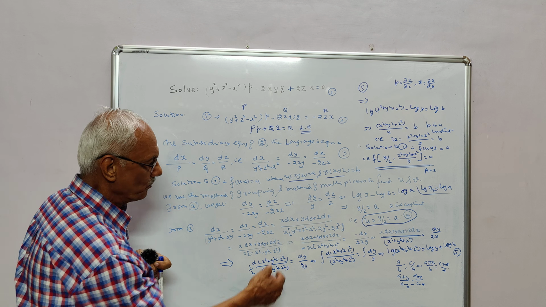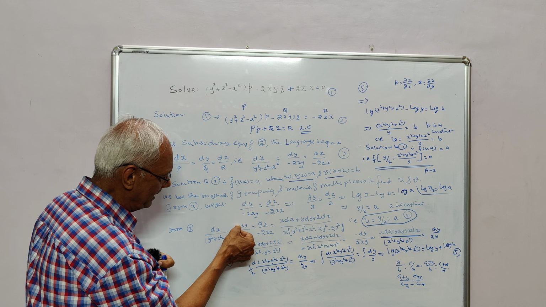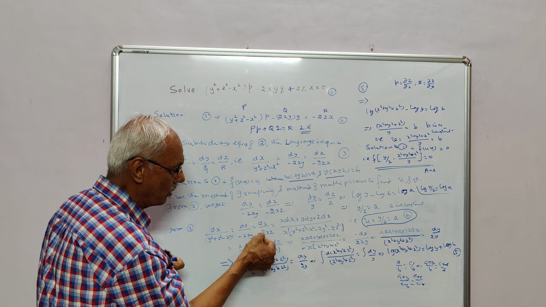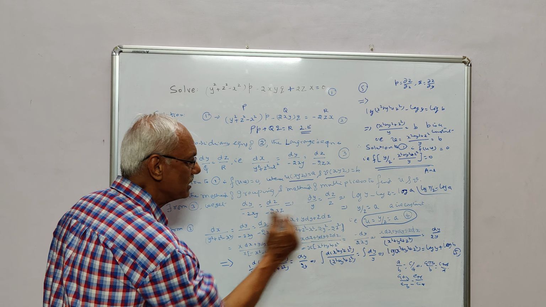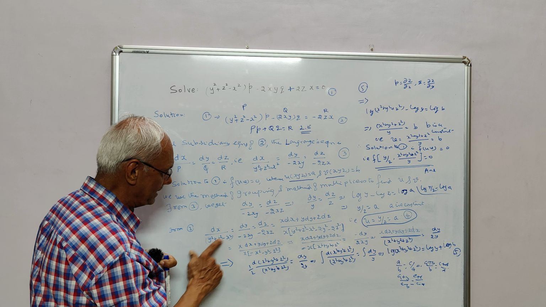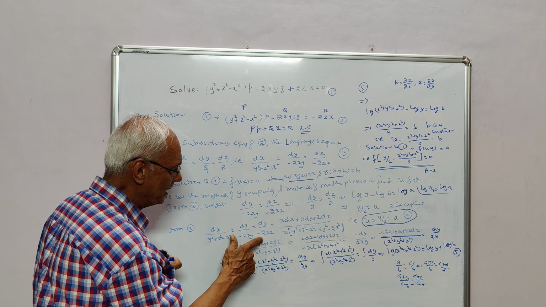I will repeat this. You multiply the numerator and denominator by x, this by y, and this by z, and all these ratios are equal to the sum of all these: multiply this by x, this also by x, this by y, this also by y, this by z, this also by z.